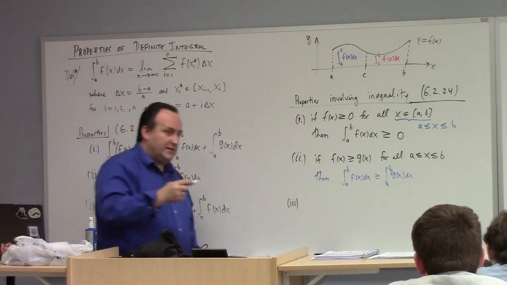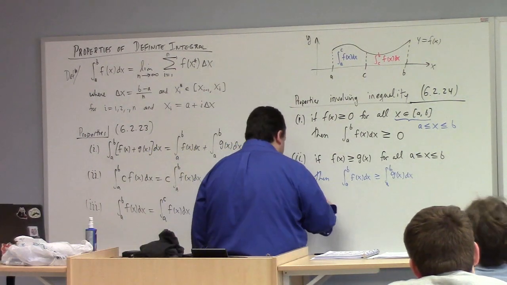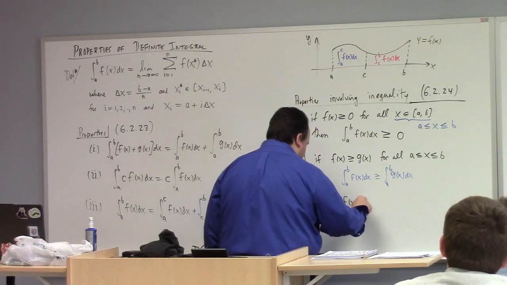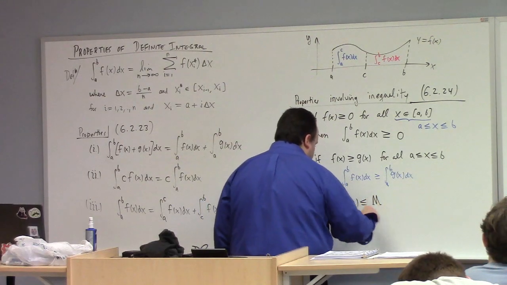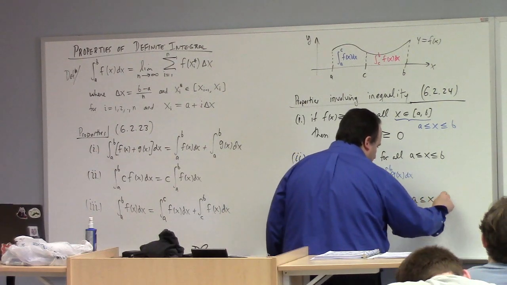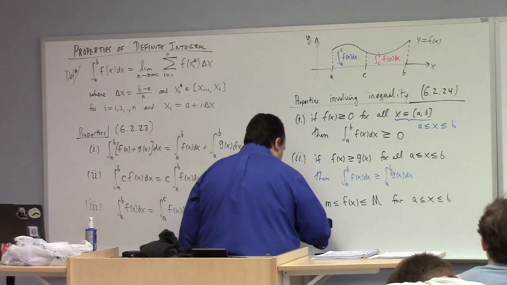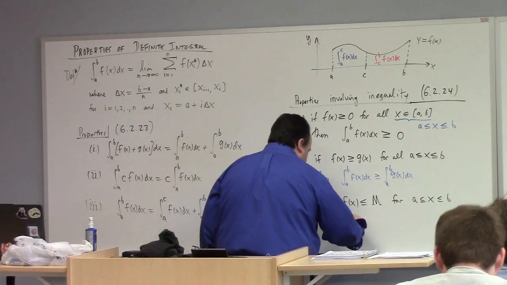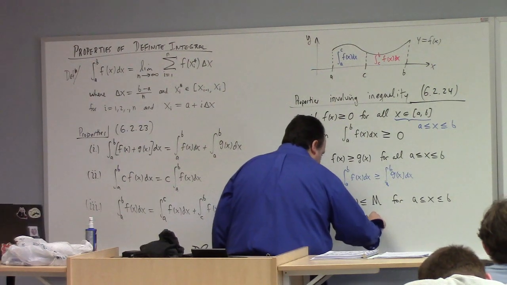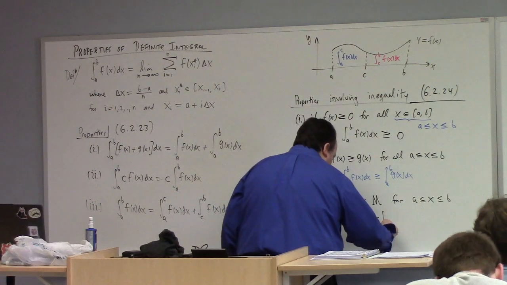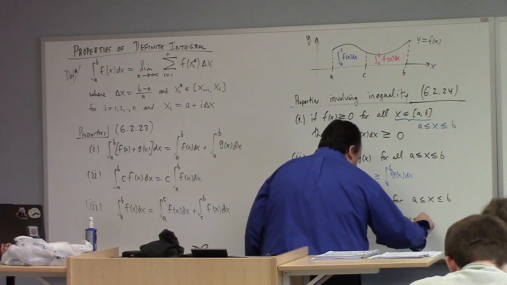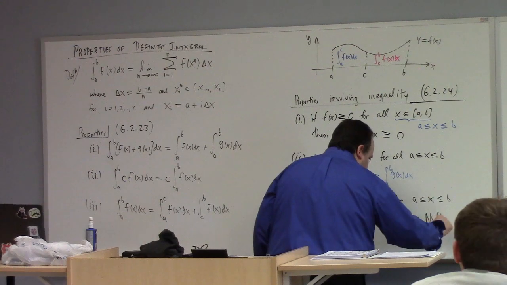If your function is bounded, if you have little m less than or equal to f of x less than or equal to big M, for a less than or equal to x less than or equal to b, then m times b minus a is less than or equal to the integral from a to b of f of x dx, which is less than or equal to big M times b minus a.